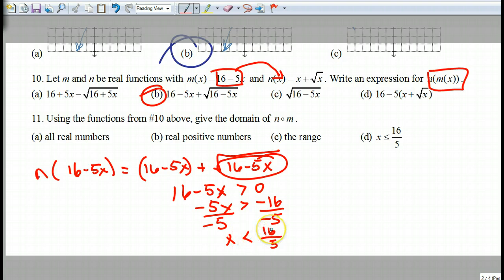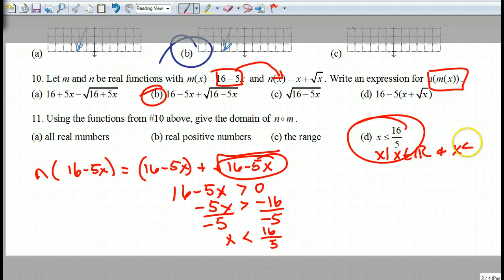So we know it needs to be all real numbers that are less than 16 fifths. Okay? So it should have been this one. I would have liked for the answer to have said all real numbers, like how I like doing it, and x less than 16 fifths. But it didn't have that, so.